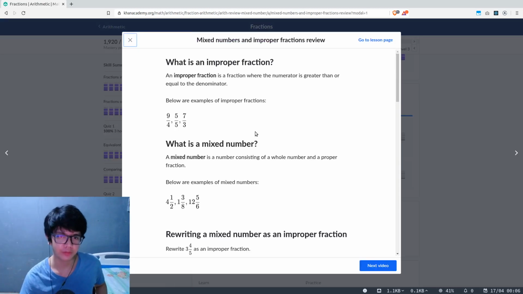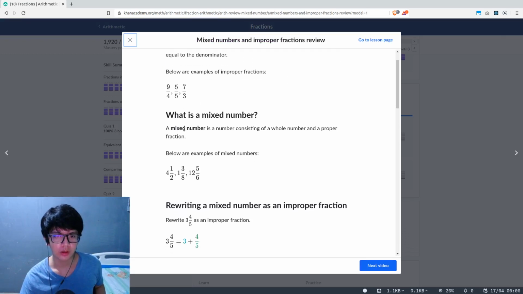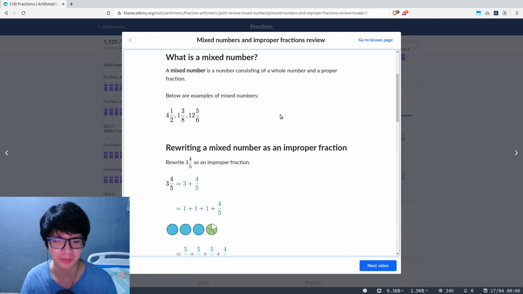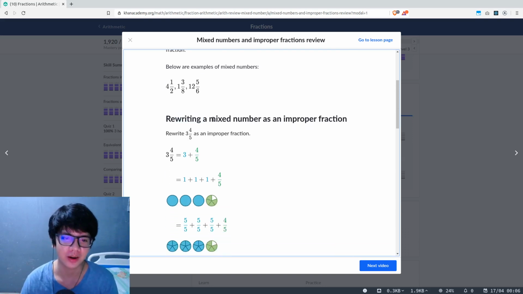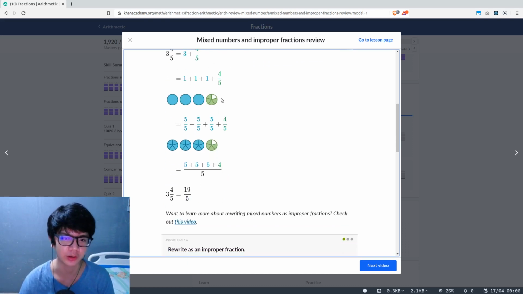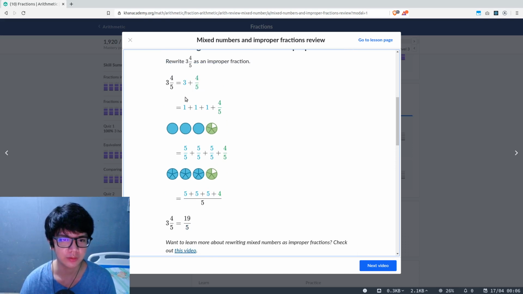What is an improper fraction? You must greater than below 6 Okay. This number is a whole number in a proper fraction. Below. What if you have a mixed number was an improper fraction? It's gonna be crazy, but it doesn't make sense. Writing a mixed number is an improper fraction. Write 3 and 4/5 is an improper fraction. 3 4/5.